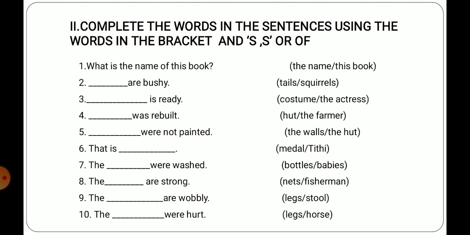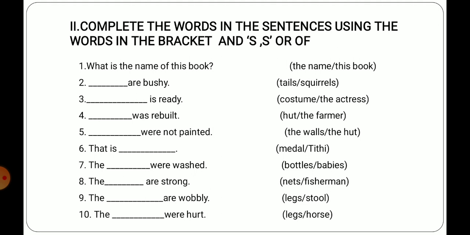Tails of squirrels. Costume of actress. So what you will notice is that one is the owner and the second thing is the thing that is owned. So first, if we see the name, this book, that means the name belongs to the book. Tail, squirrel, tail belongs to the squirrel.